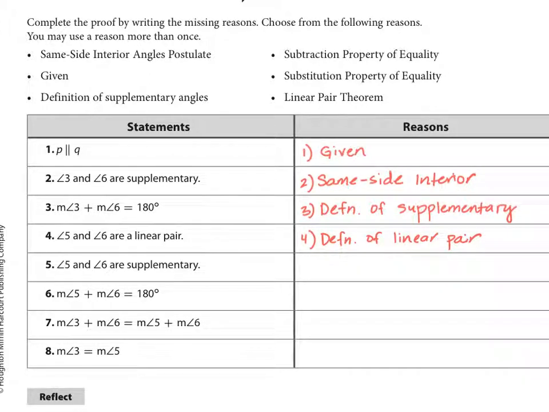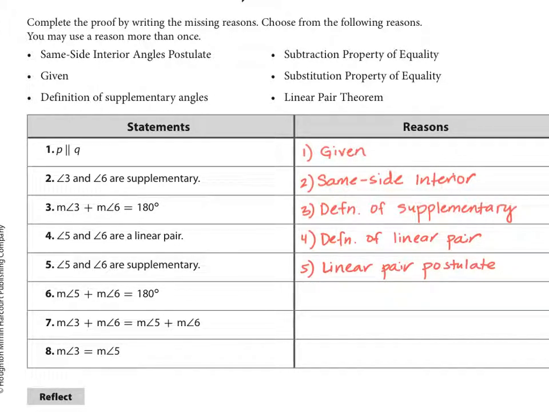Statement 5, they're supplementary, angle 5 and angle 6. That is by the linear pair postulate. The linear pair postulate just says linear pairs are supplementary.